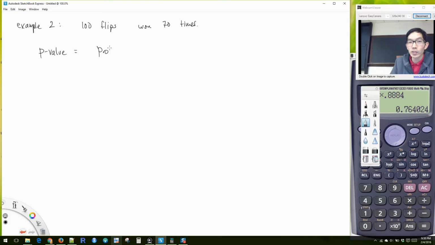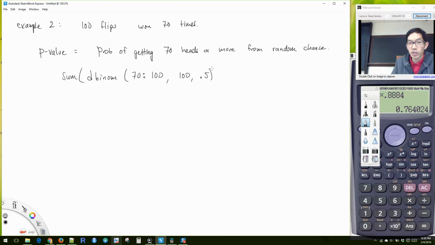This would be the probability of getting 70 heads or more from random chance alone. So this would be the sum of dbinom, everything from 70 up to 100, based on 100 flips and a probability of 0.5. Okay? Or I could do 1 minus pbinom of 69.